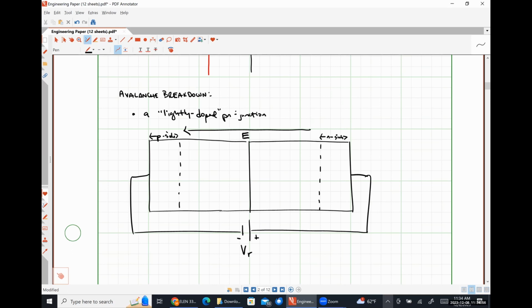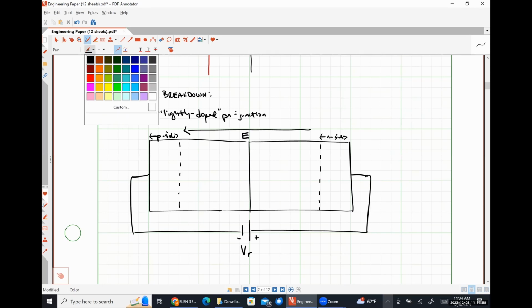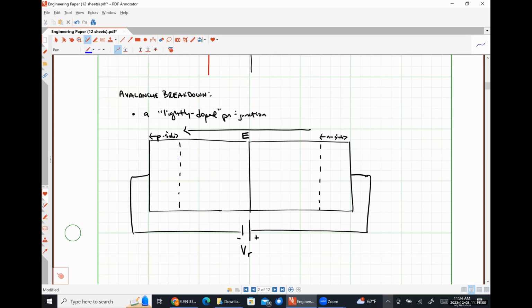So let's say that we have an electron here, a minority charge carrier for the P side of the junction. It's going to diffuse towards the edge of the depletion region, and then it's going to see this really, really big field.